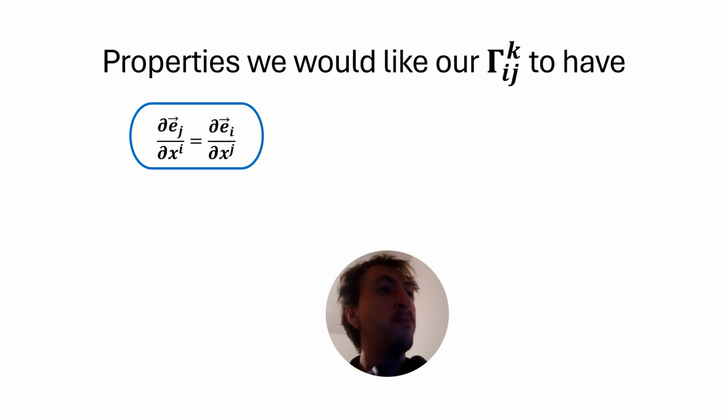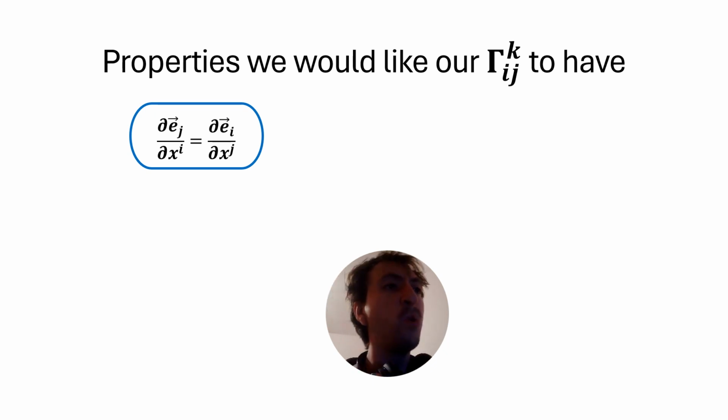So, firstly, the idea of them being torsion-free comes from the idea that the partial derivative of a basis vector, let's say the first basis vector, along the second axis should equal the partial derivative of the second basis vector along the first axis.